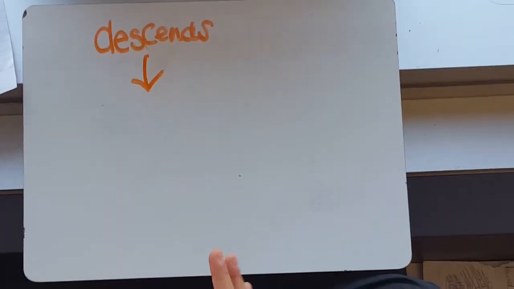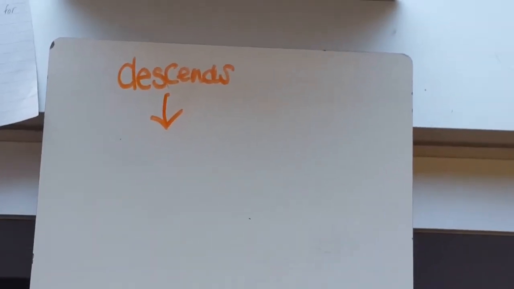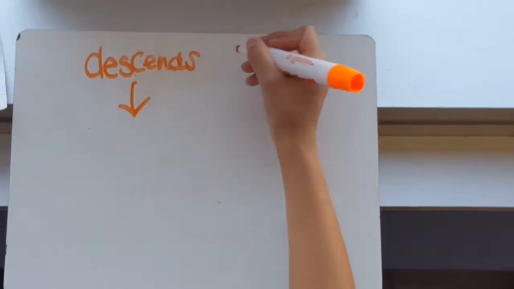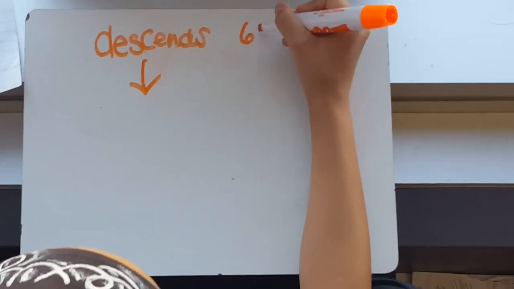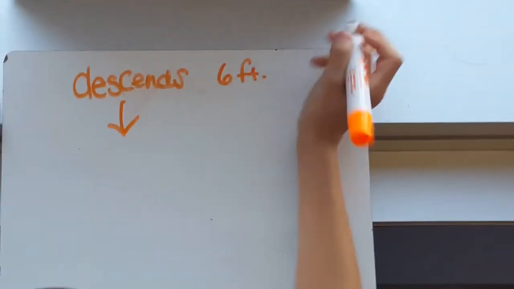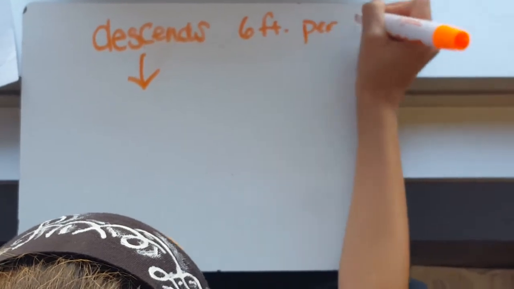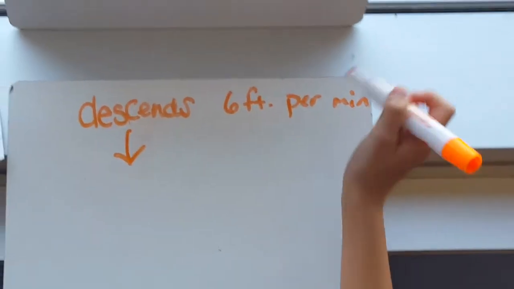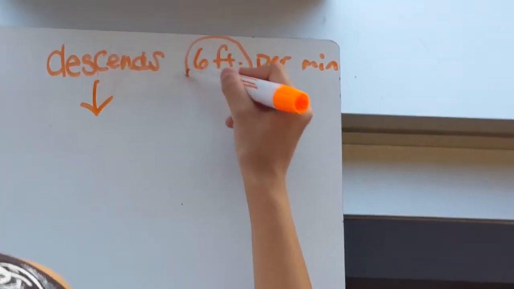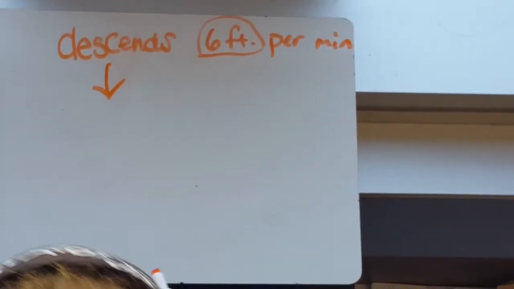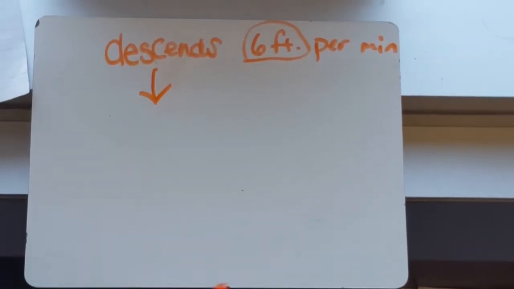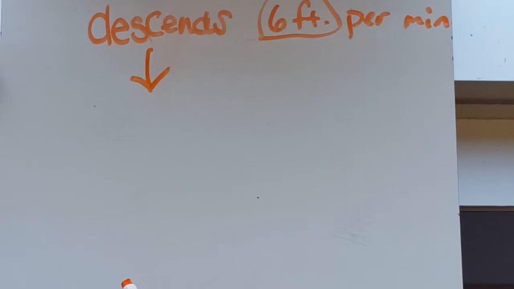So there are 2 numbers that you have to pick out. One is 6 feet per minute, or just 6 feet. And the last one is depth in a half of an hour.